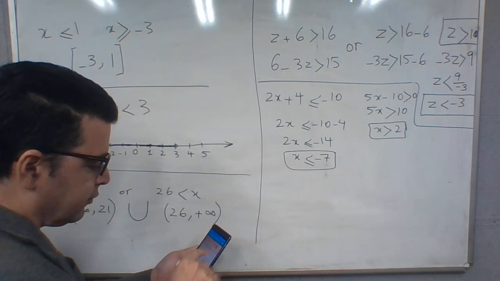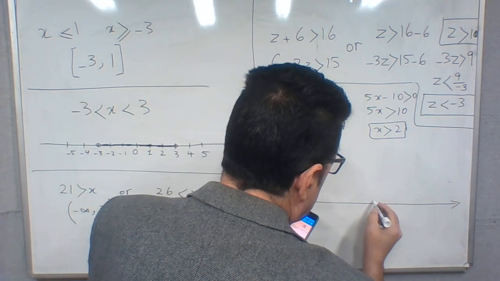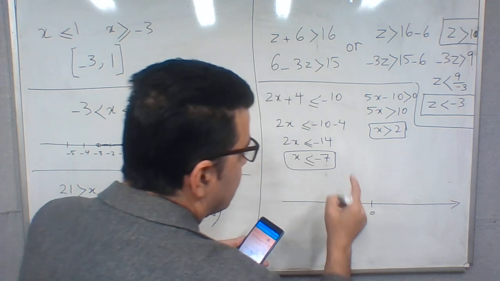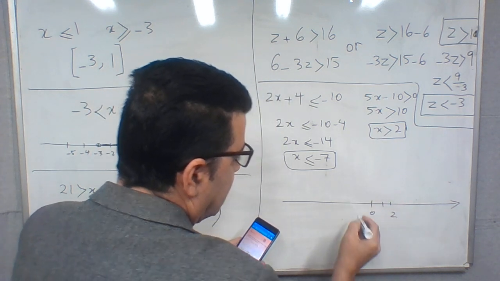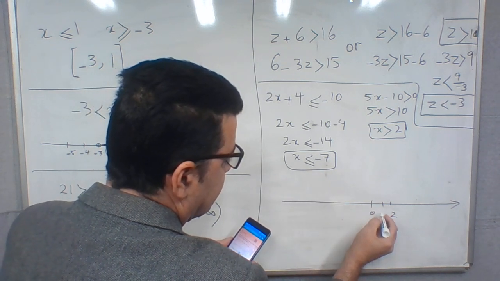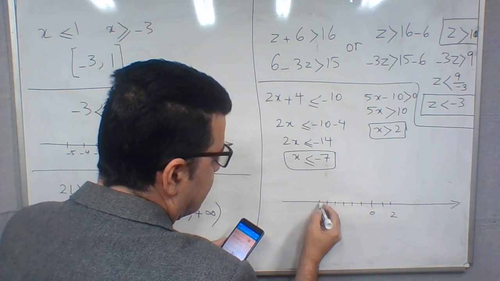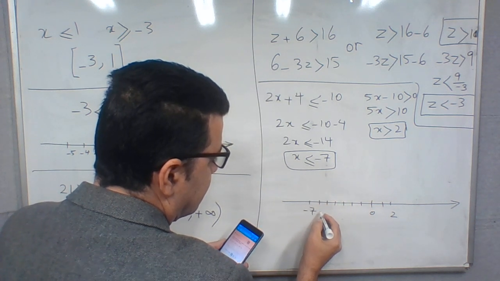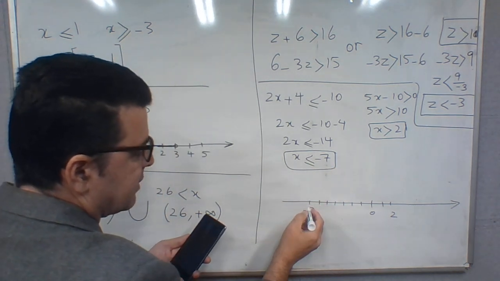Now we want to graph it. This is the origin. So we need 2 units to the right, and we need 7 units to the left. And our answer is less than or equal to negative 7.